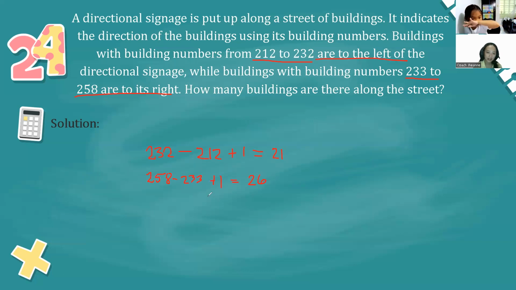We simply add the number of buildings on the left and the number of buildings on the right. So 21 plus 26 is 47. Did everyone get this?